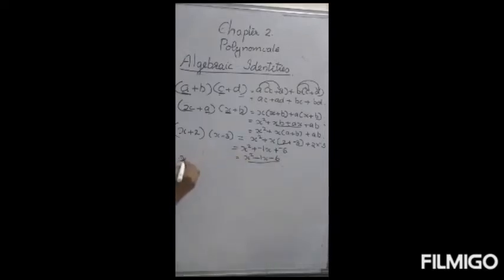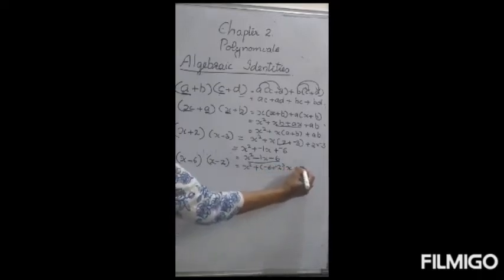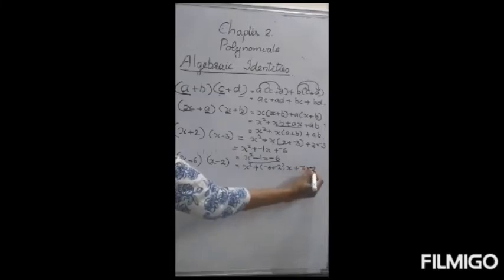Now one more example, (x minus 6) into (x minus 2), which is equal to x square plus the sum of these two numbers, minus 6 plus minus 2, into x, plus the product of those two numbers.